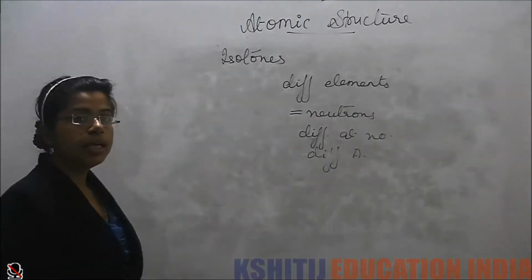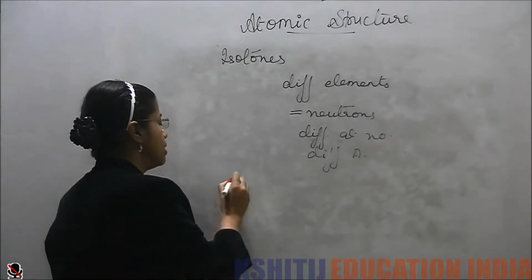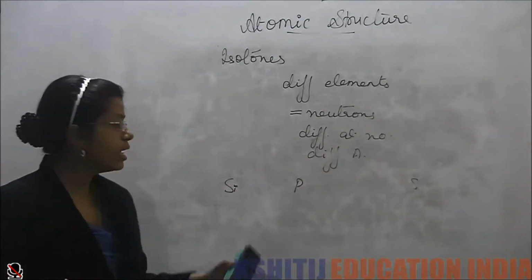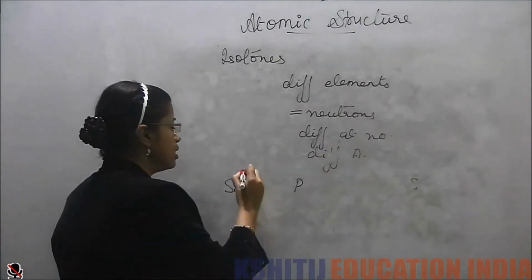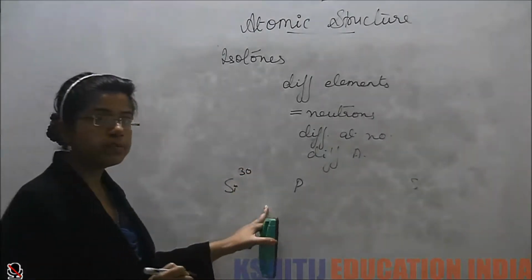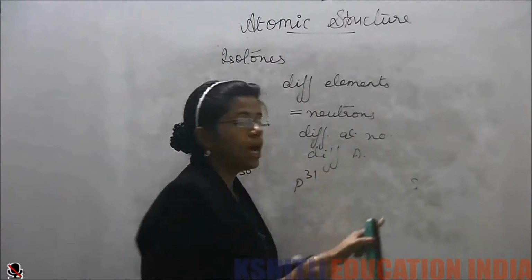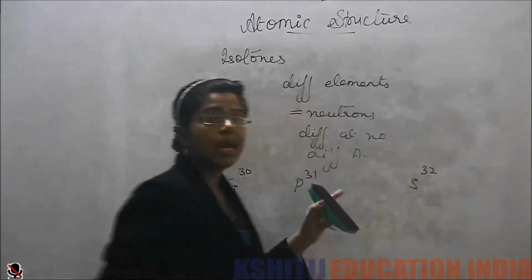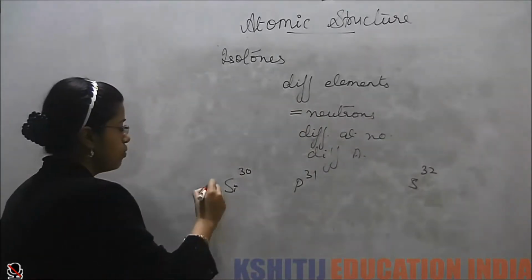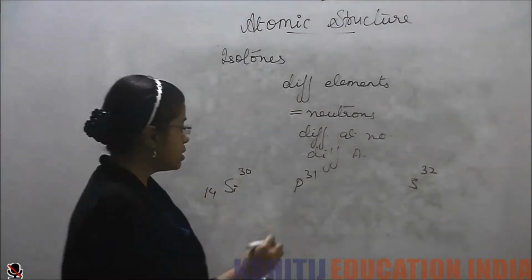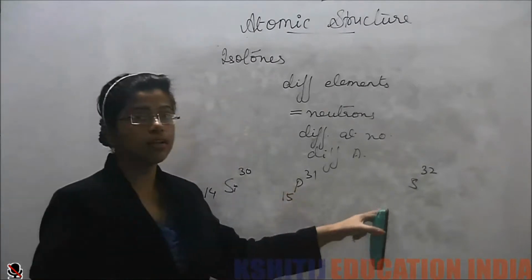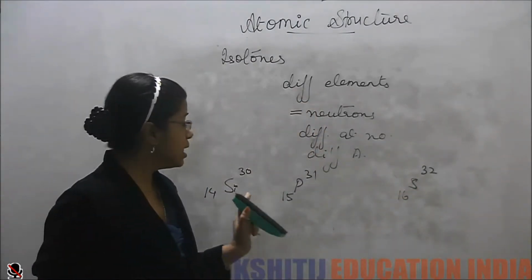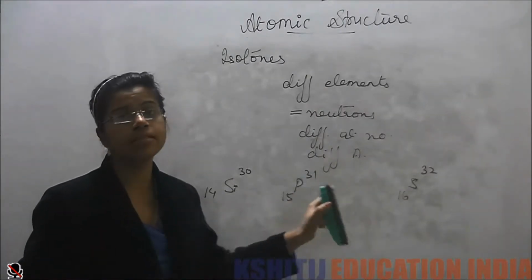For example, if I take the case of silicon, phosphorus and sulfur, silicon has mass number 30, phosphorus mass number is 31 and sulfur mass number is 32. Atomic number of silicon is 14, for phosphorus it is 15, for sulfur it is 16, right? But see, atomic number is different, mass number is different.